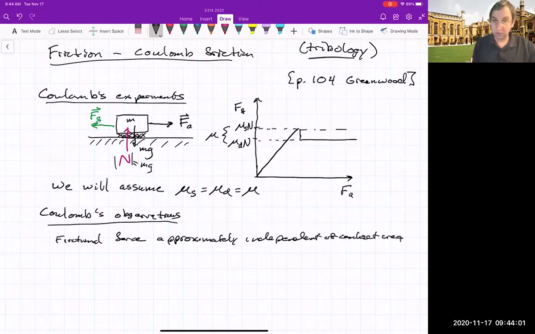That's a big simplification. He also found that the frictional force was approximately independent of the velocity magnitude. So as this block moves across this piece of wood, he found that the force of friction was approximately independent of that velocity.